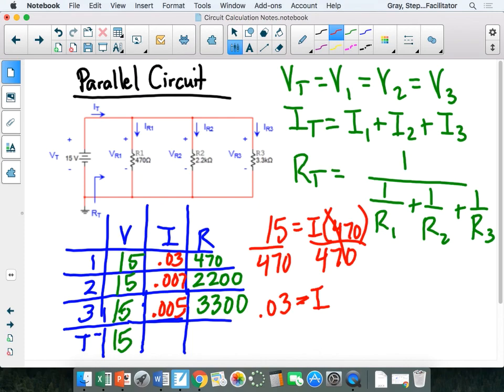Is there anything I could figure out without having to do reciprocal of the reciprocals? Yes, you can add all the I's together, and then you can get your R, because I'm going to find my total current now by just adding. So that's going to be 0.042.